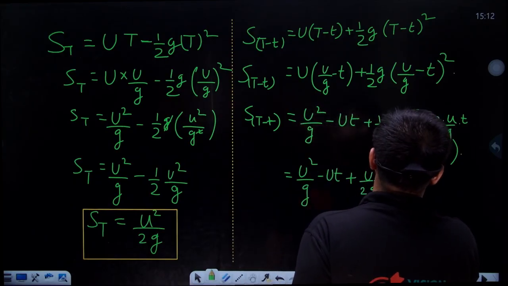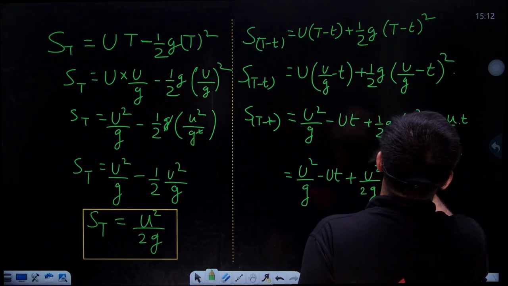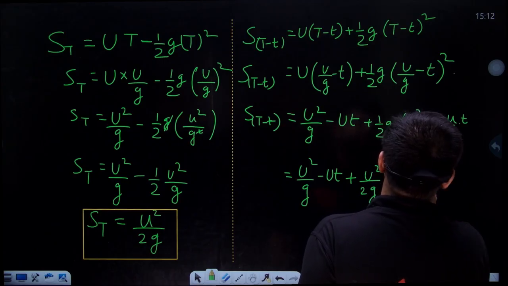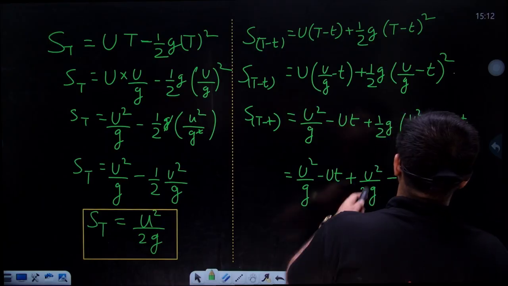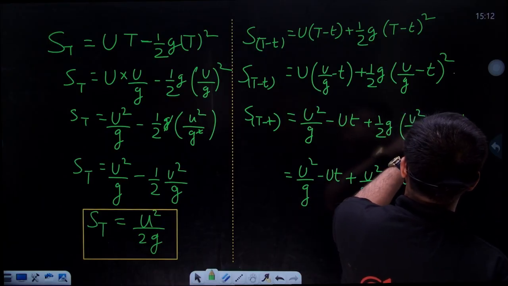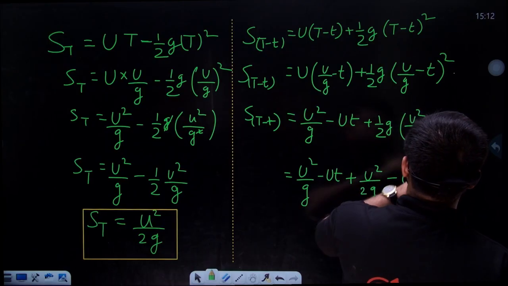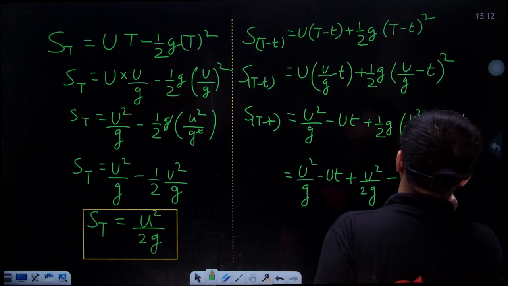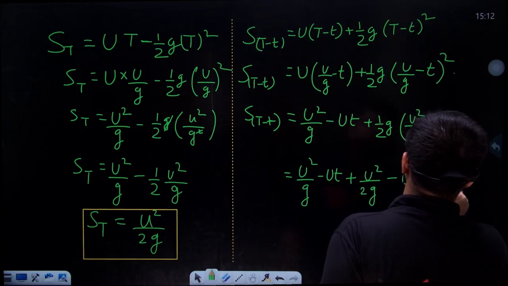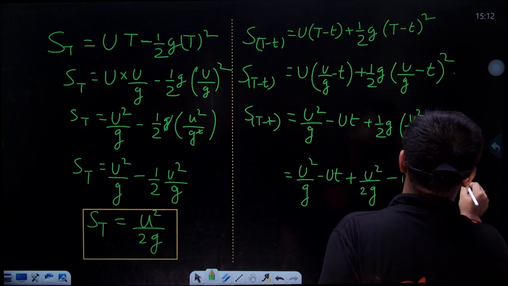Minus, 2 getting cancelled, g getting cancelled, ut, plus half g t square.